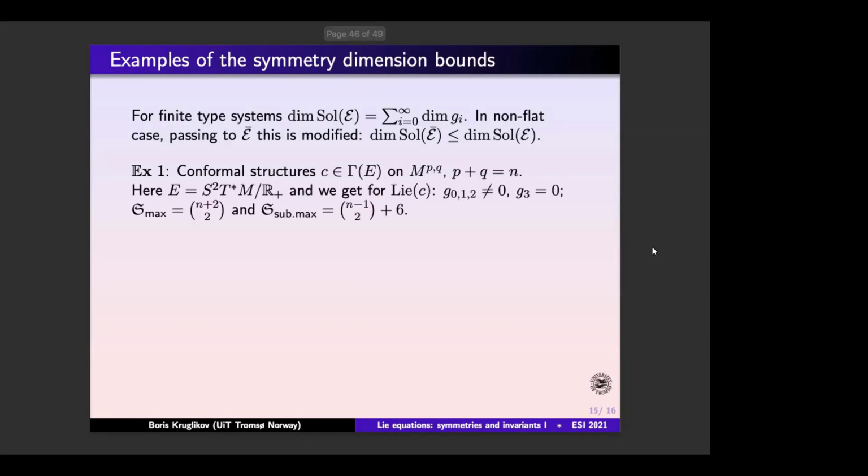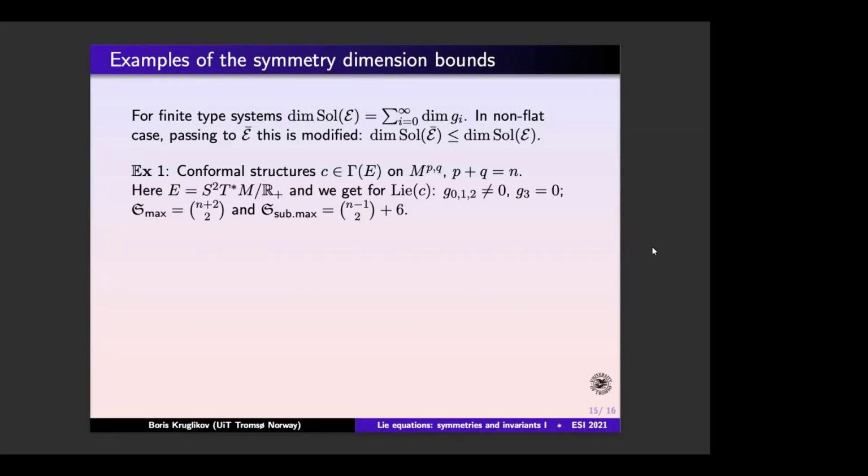Okay, so let's start with conformal structures. The bundle of conformal structures is like S^2 T star, maybe I have to restrict to a cone, removing the cone of degenerate structures. For Riemannian ones, usually you write plus and that is 2, but for the general case I don't know, so I just leave it like this.